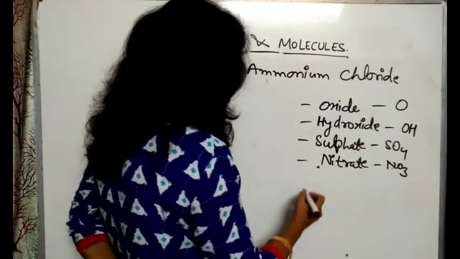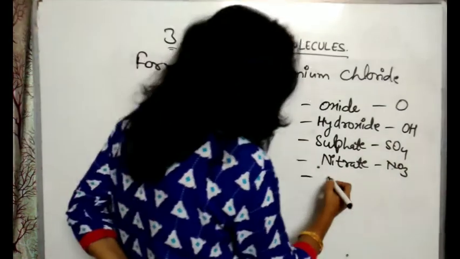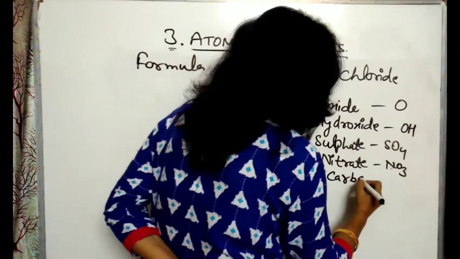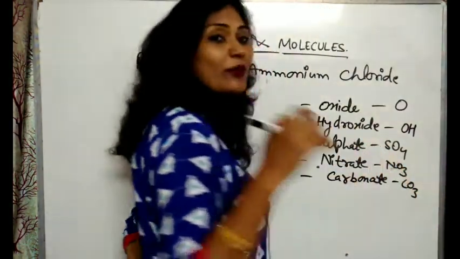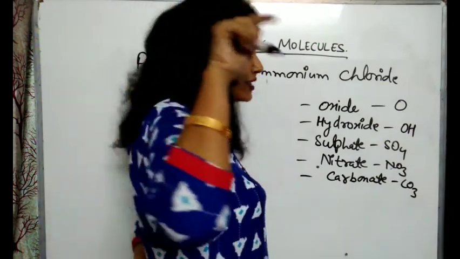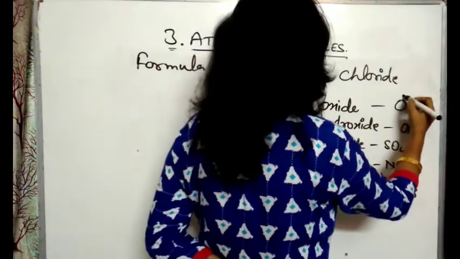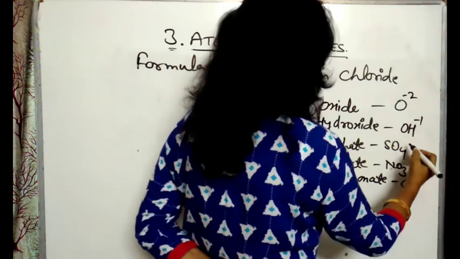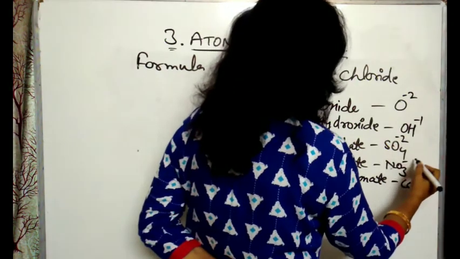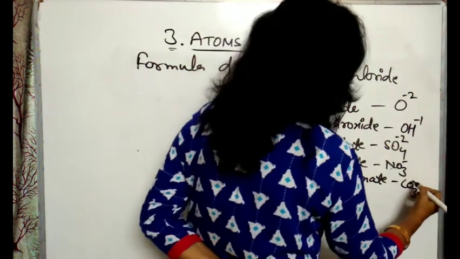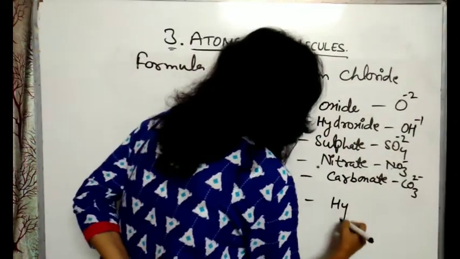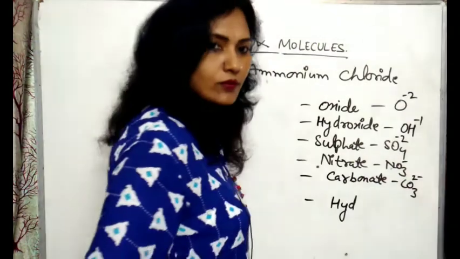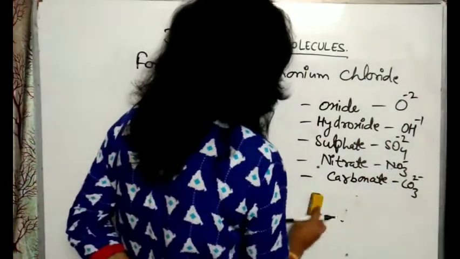These are the radicals which are present in them. Then carbonate, it's CO3. What is written at the upper side, that is the valency. Like here -2 is written, -1, here -2, -1. Then hydrogen carbonate we can write here.